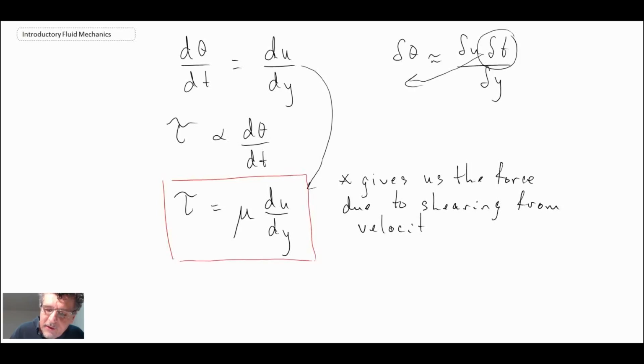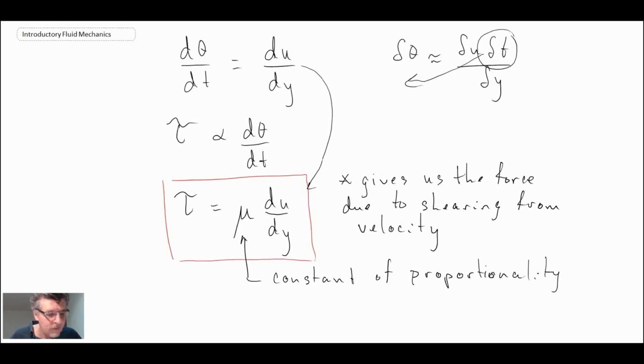So if you shear a fluid, this would be the force that resists that shearing motion. And mu in here is a constant of proportionality, and that is the viscosity.